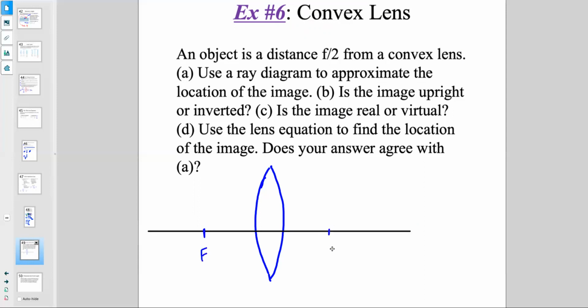Let's say that it's right here. And then the object is located at f over 2. So that's where the object is located. In other words, do is f over 2. And we want to know where the image is located.